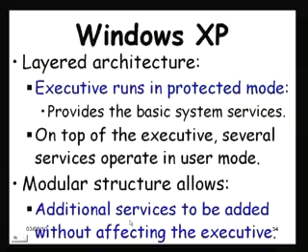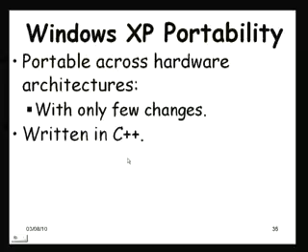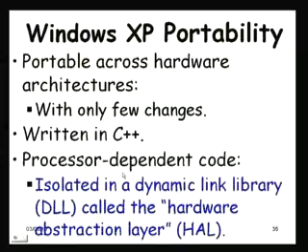So, based on the executive, more services can be added which will operate in the user mode. It is portable across hardware architectures with only a few changes, written in C++. The processor dependent code, the microkernel basically, is isolated in a dynamic link library called the hardware abstraction layer.